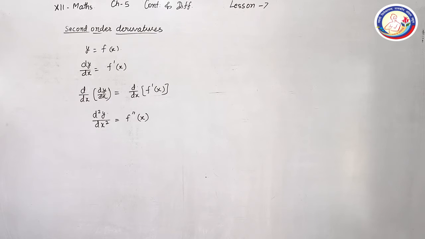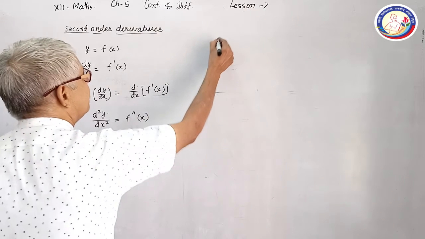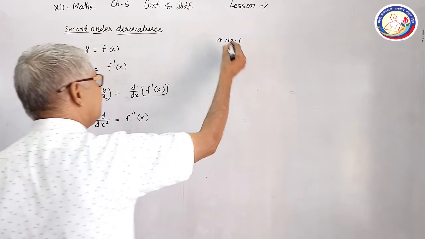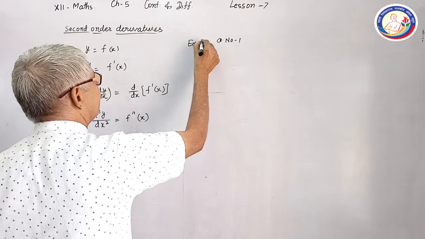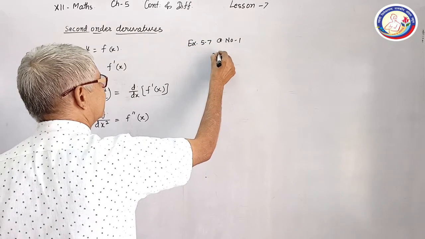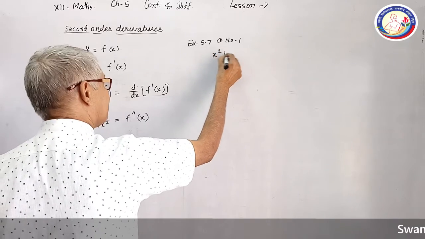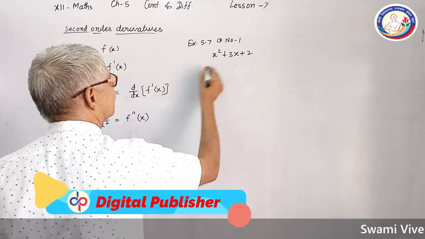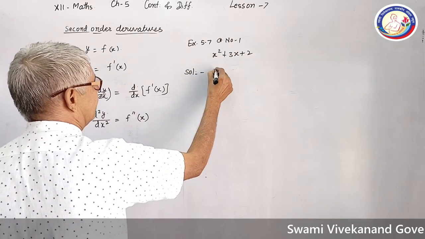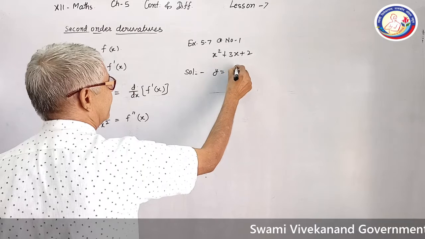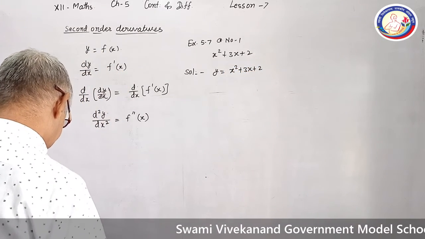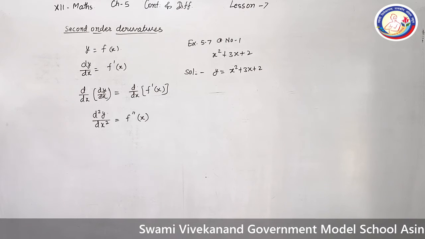We are given a function in question number 1 of exercise 5.7. It is given x square plus 3x plus 2. Solution. Let y be the function x square plus 3x plus 2. We have to find second order derivative.